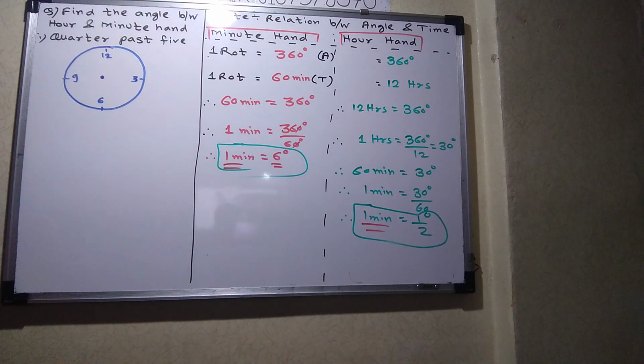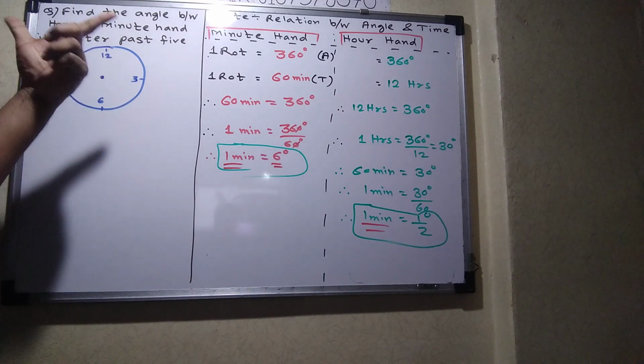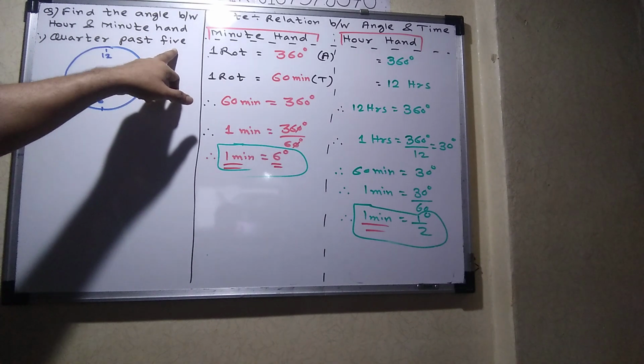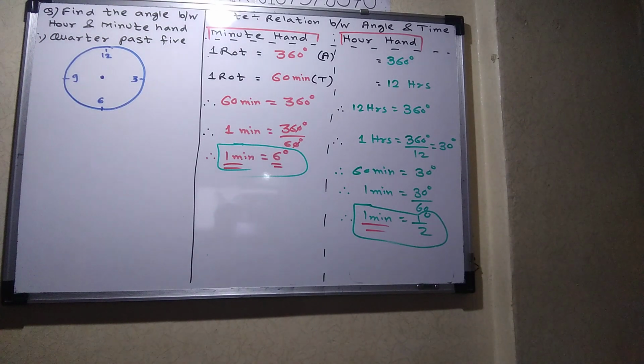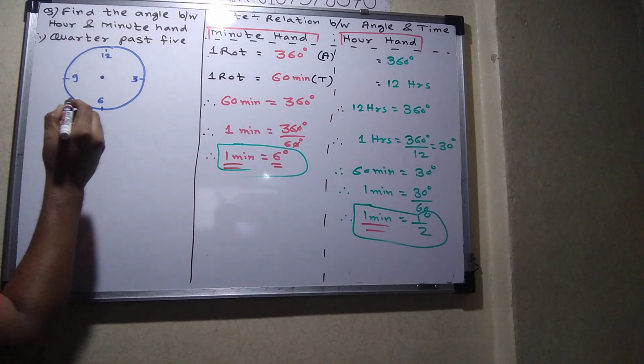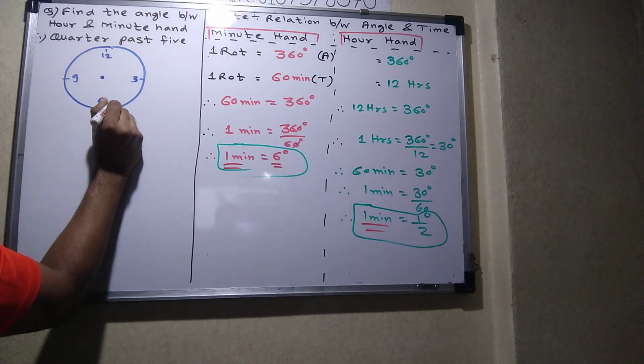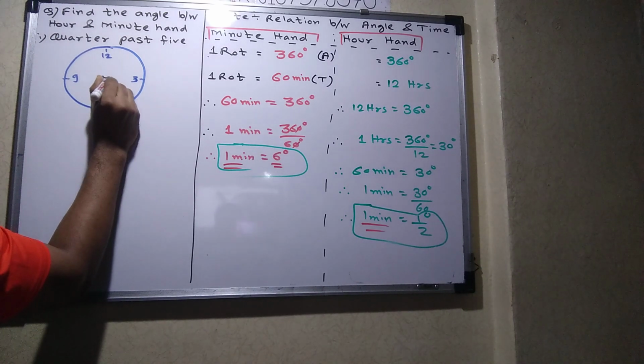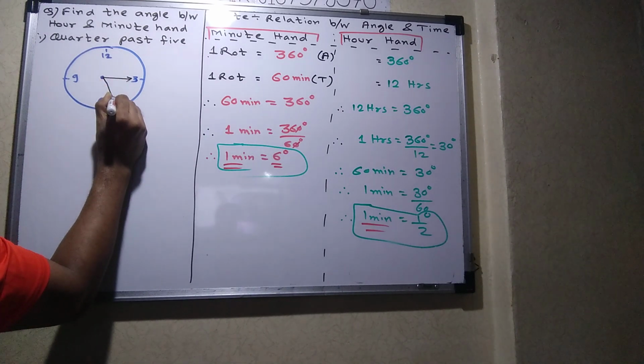Okay, now we will solve a numerical. Quarter past 5. What do you mean by that? Quarter past 5 means it is 5:15. So the minute hand will be at this position and the hour hand will be at this position.